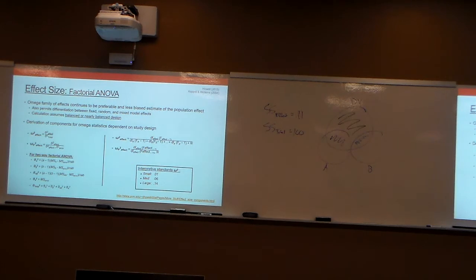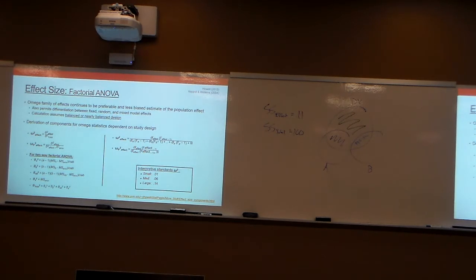So as we're calculating omega squared and partial omega squared, the general idea is the exact same as eta squared and partial eta squared. It's just going to be a better population effect, because it's going to account for different sources of error.